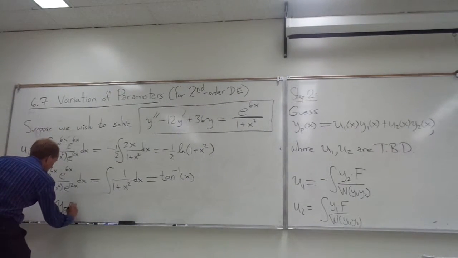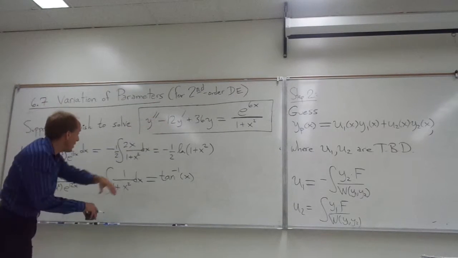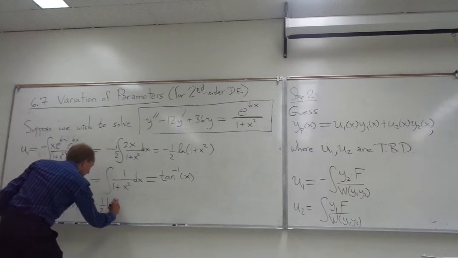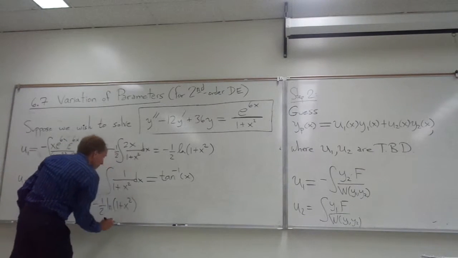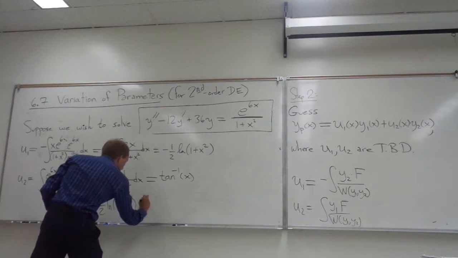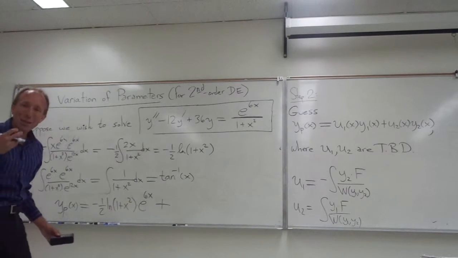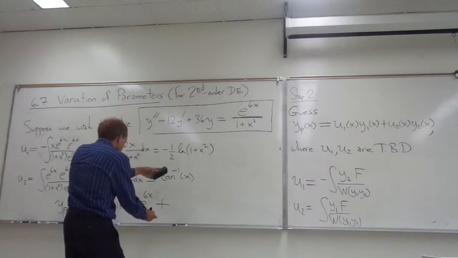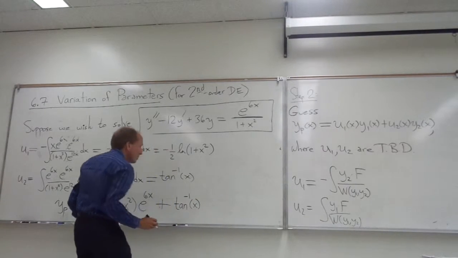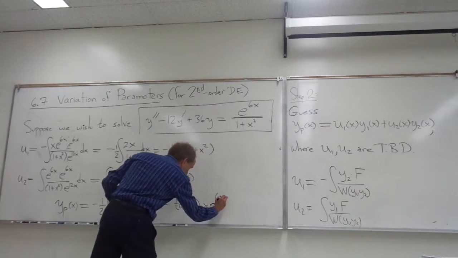The particular solution is u1 times y1. So u1 was negative 1/2 ln of 1 plus x squared times y1, which was e to the 6x from earlier, plus u2. u2 is the arctangent of x times y2, which was x e to the 6x.